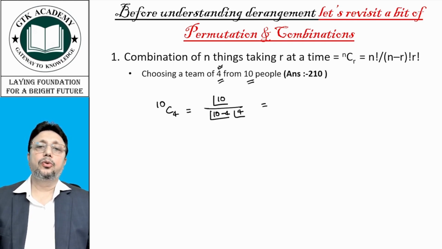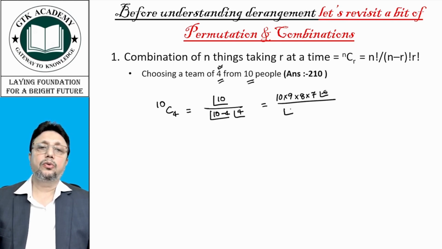So factorial 10 is 10 into 9 into 8 into 7, and here you can write factorial 6 because in the denominator 10 minus 4 is 6, and factorial 4 is 4 into 3 into 2 into 1.